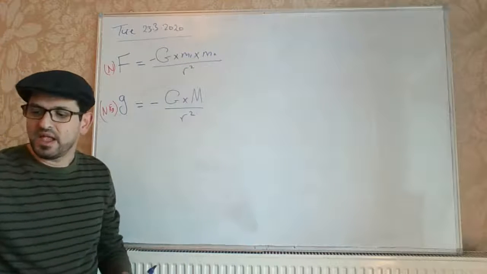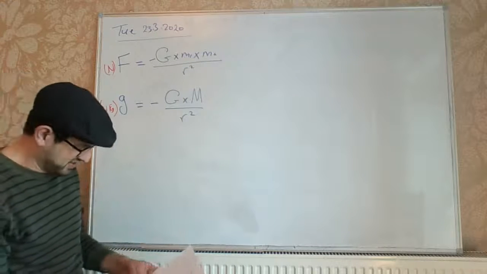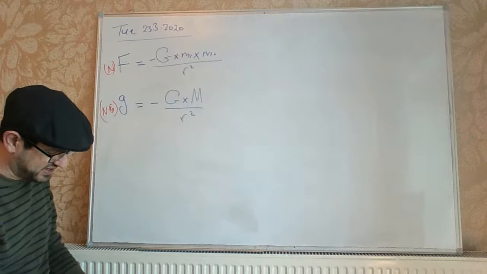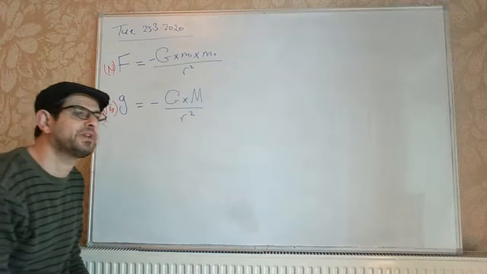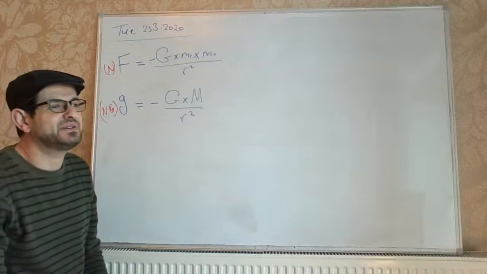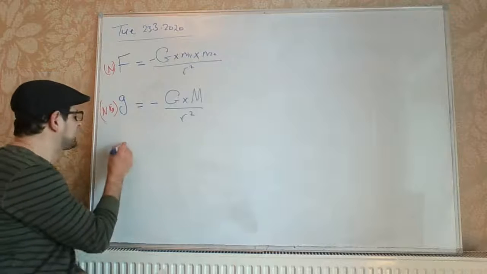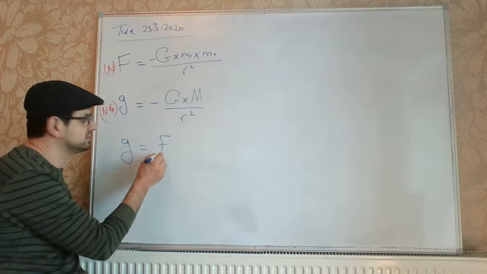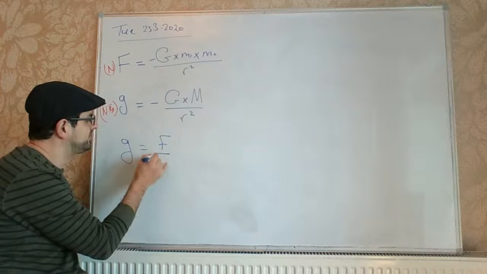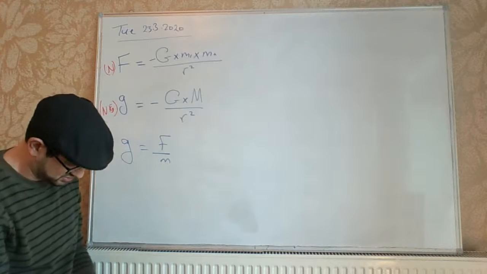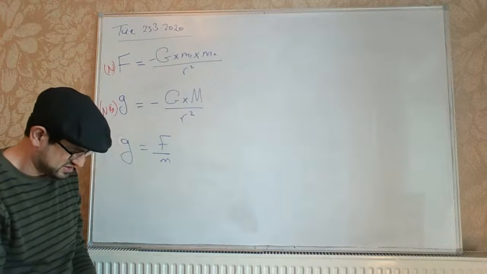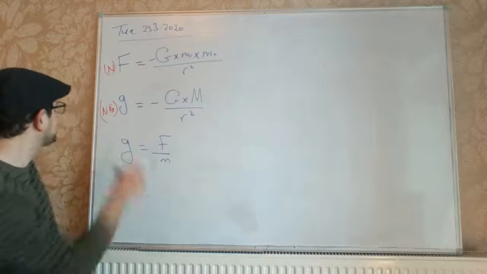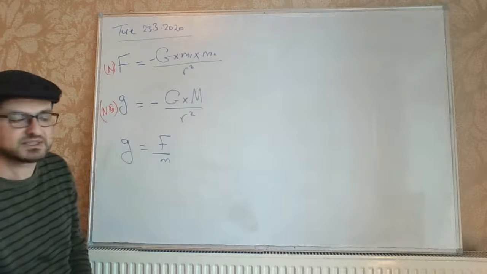Now, if we want to define the gravitational field strength at a point, we say the gravitational field strength at a point equals force per unit mass. Right? Yes. Okay. This is Newton per kilogram, for force per unit mass.